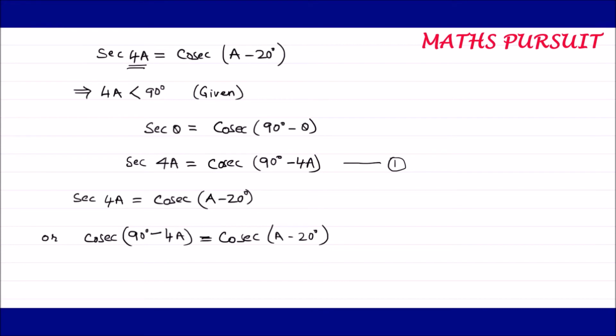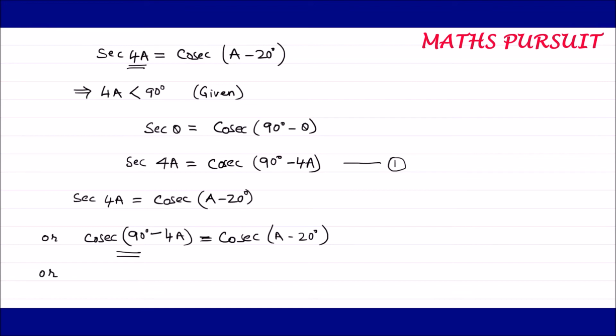What I did here is, the question gives sec 4a is equal to cosec (a minus 20 degree), but from equation 1 we got that sec 4a is equal to cosec (90 degree minus 4a). I just replaced sec 4a with cosec (90 degree minus 4a), and we got cosec (90 degree minus 4a) is equal to cosec (a minus 20 degree).